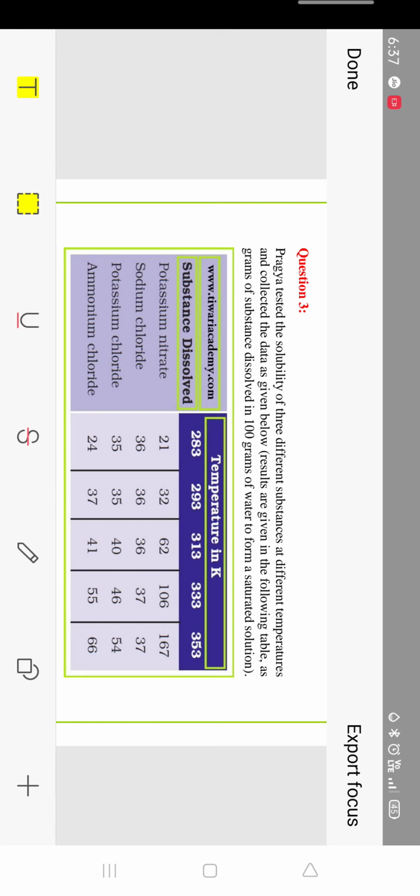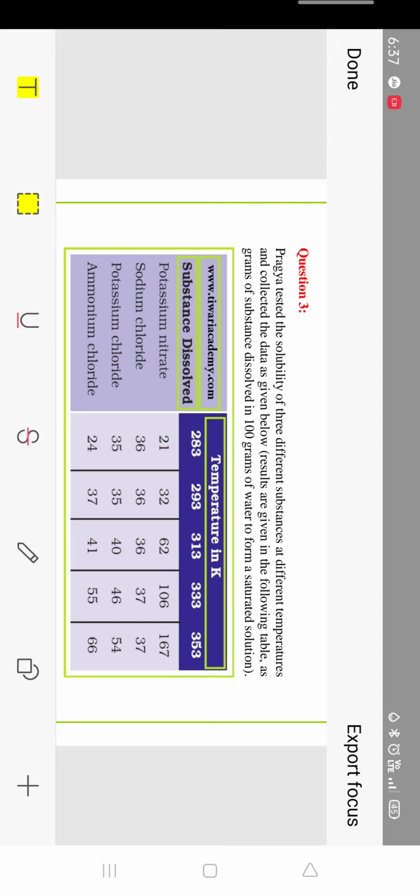Now come to question 3. Pragya tested the solubility of 3 different substances at different temperatures and collected the data as given below. Results are given in the following table as grams of substance dissolved in 100 gram of water to form a saturated solution. Here all these make the saturated solution. Different temperatures are given.